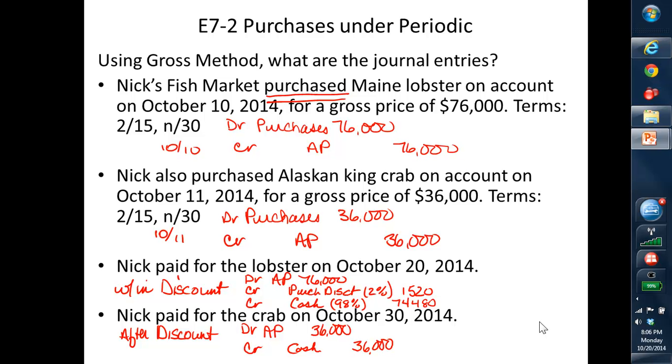Nick paid for the lobster within the credit terms, which were 2/15, n/30. So since he paid on October 20th, he got a 2% discount.